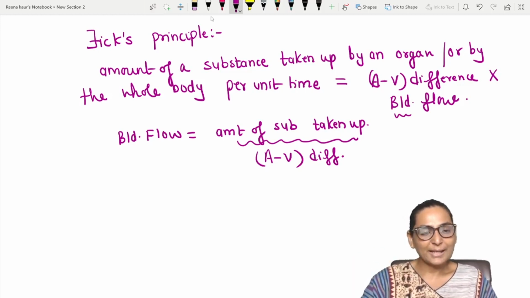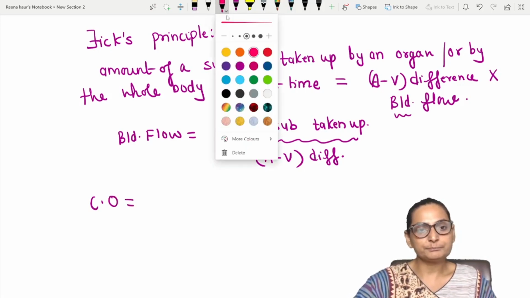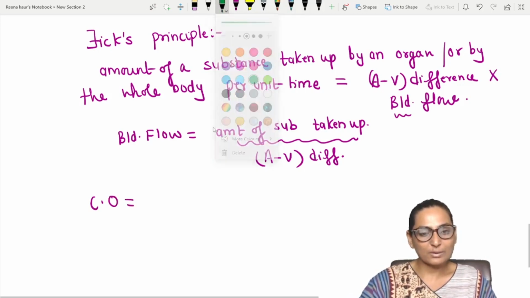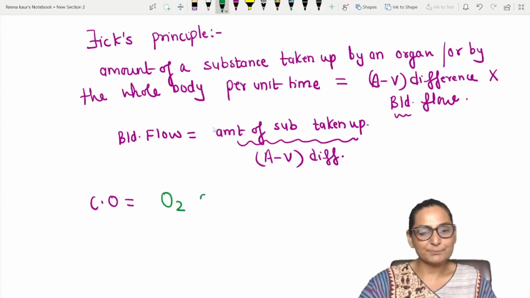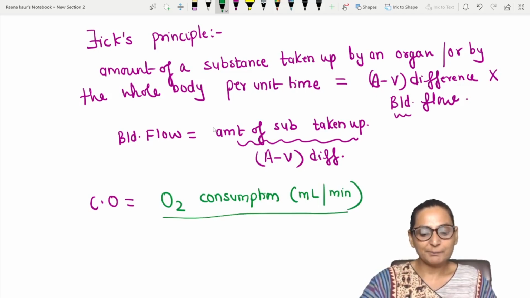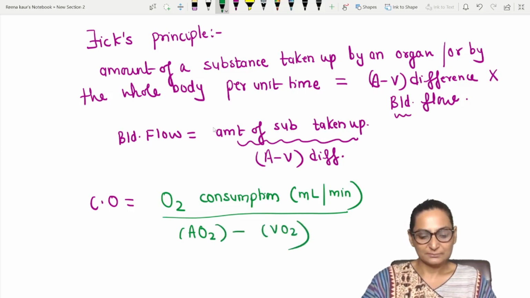So you can calculate the cardiac output as equal to oxygen consumption, in ml per minute, divided by arterial oxygen minus venous oxygen, right?